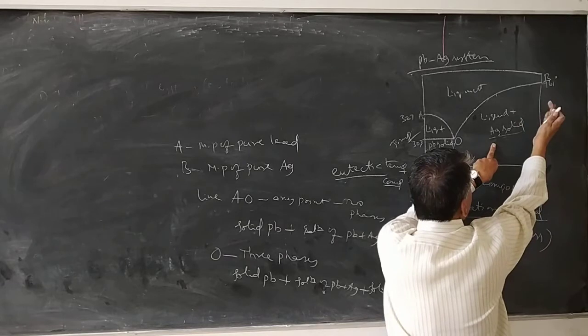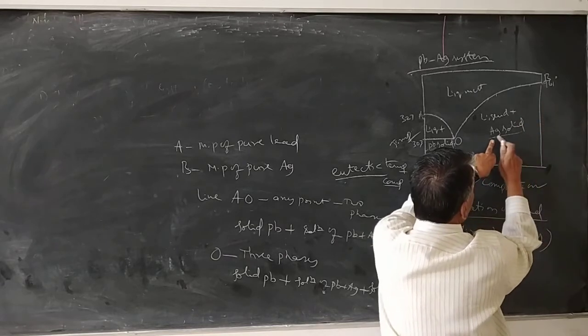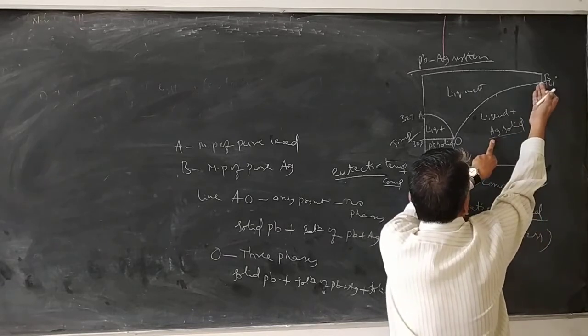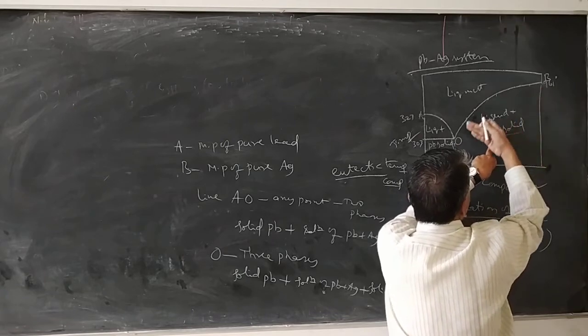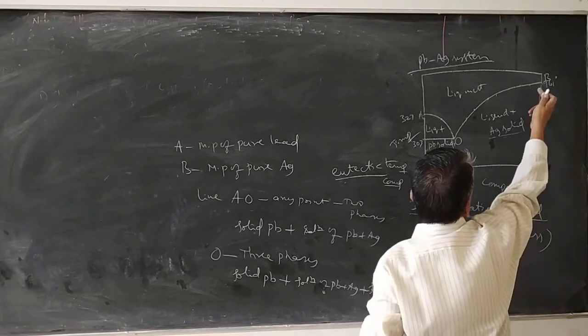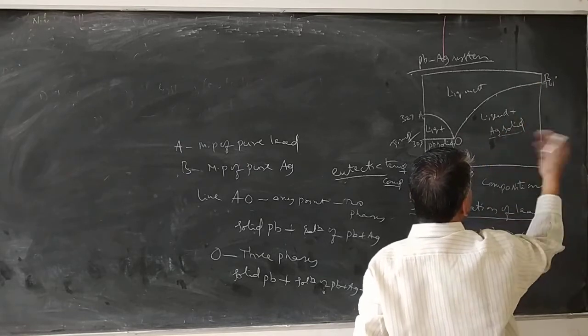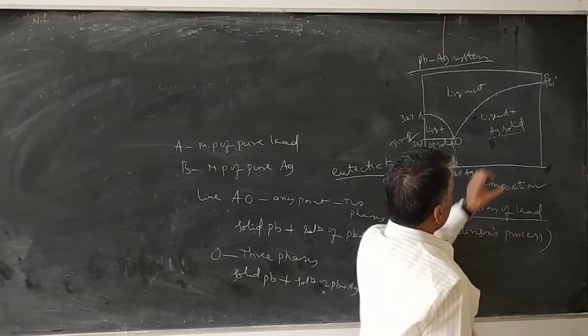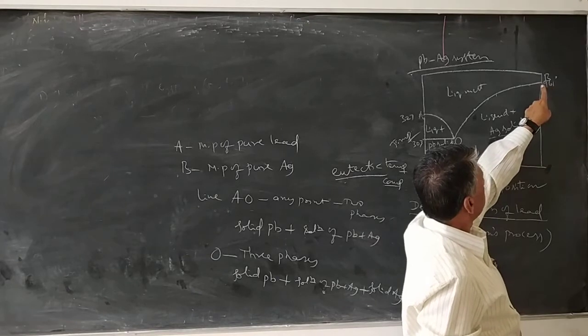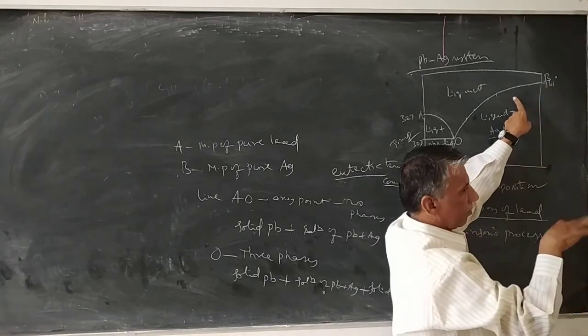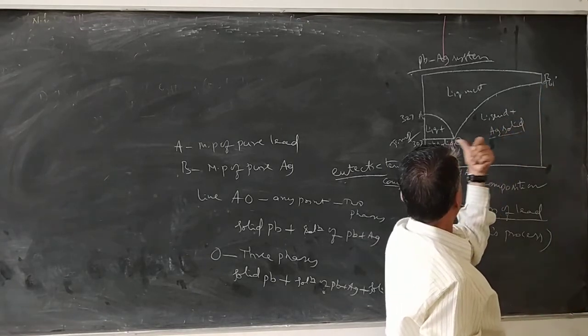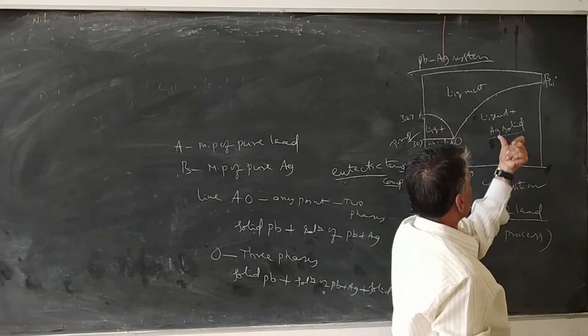When you add lead to silver, the temperature falls. So you take any point on the curve BO, what happens to the melting point of silver? The melting point of silver decreases once you add lead to the silver.